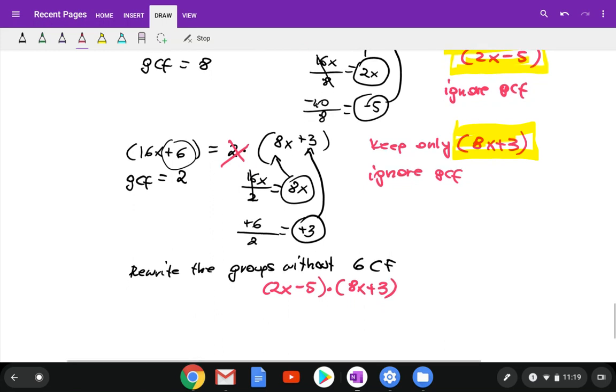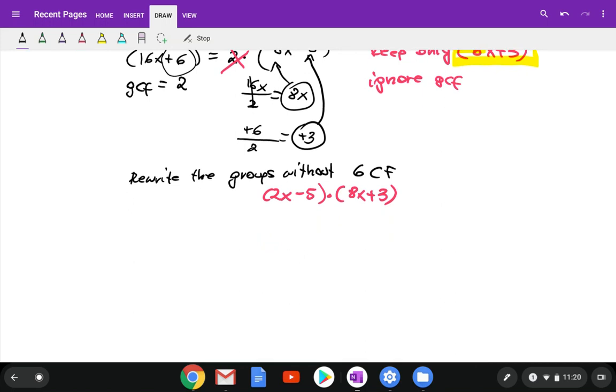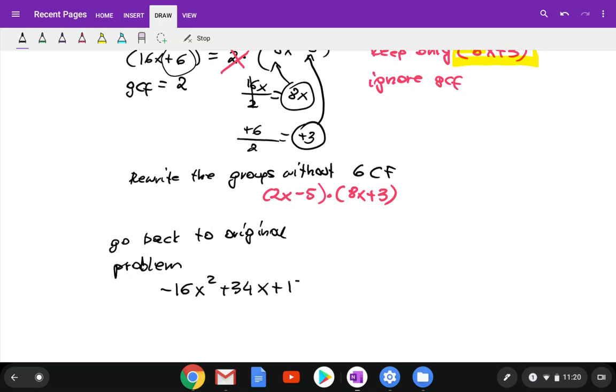And next, go back to the original problem, which was negative 16x squared plus 34x plus 15, and rewrite it as the original GCF.